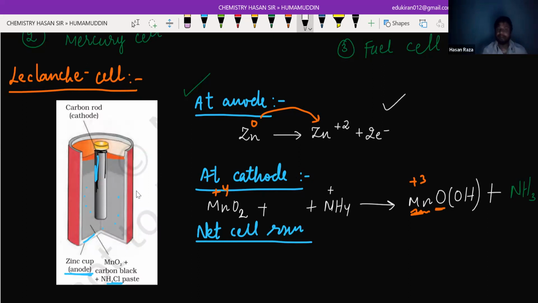So what you need to do is very simple. If you know the reactions at cathode and anode, you just need to add the left to the left and right to the right.